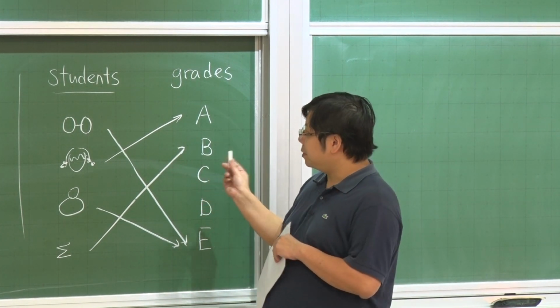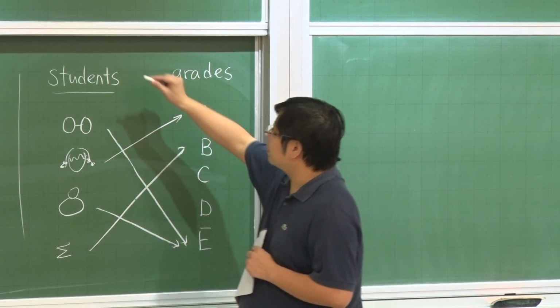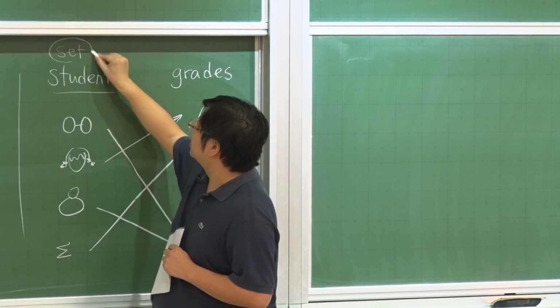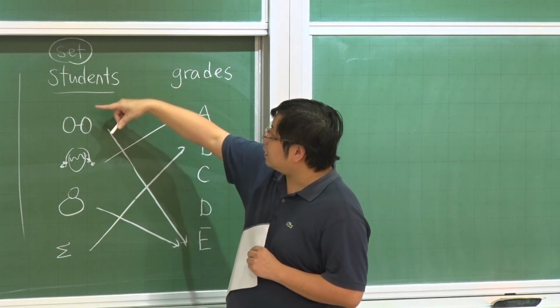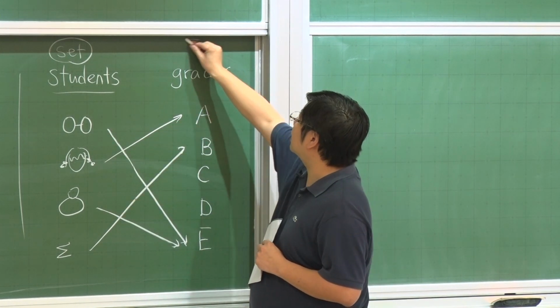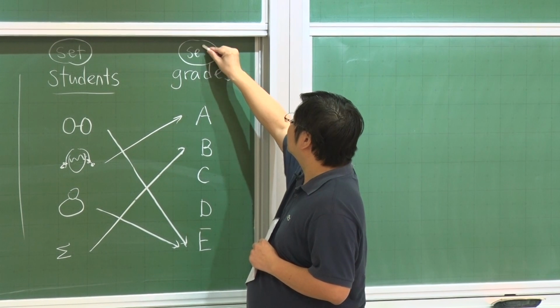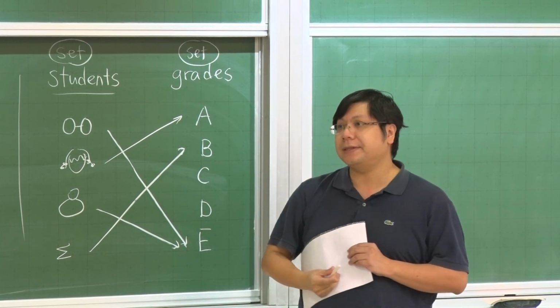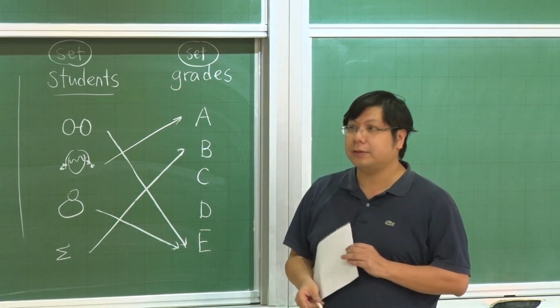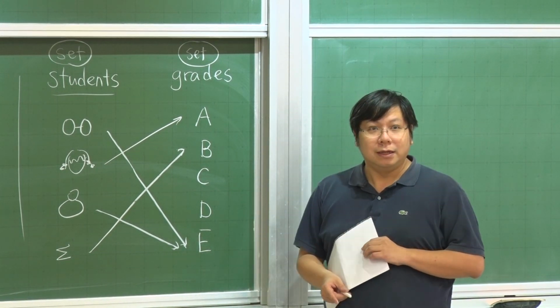Here, this is one of the sets, and each item in this set is mapped to one item in another set. So we have the set of students and the set of grades. And this is representing a function from the set of students to the set of grades.